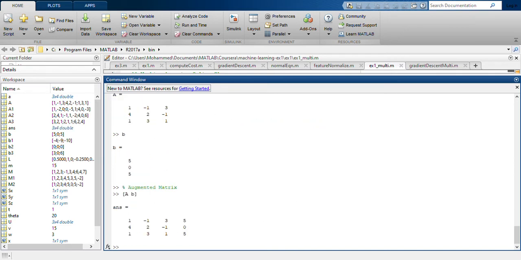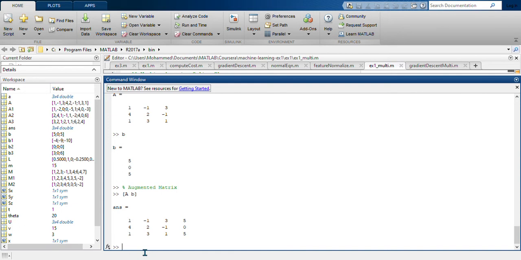Now if you print it out, that's our augmented matrix that we had earlier, and we used this to solve our equations. Basically the equations are x minus y plus 3z equals 5, 4x plus 2y minus z equals 0, and the last equation is x plus 3y plus z equals 5. And we solved it using different methods.